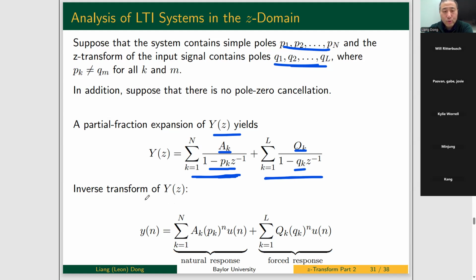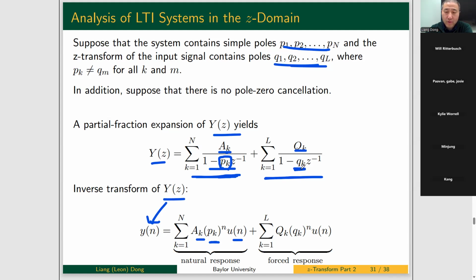And then I can do an inverse transform of Y(z). So it's easy for me to find the Z domain Y and then do an inverse Z transform to get y[n]. Here we have a pole, so that becomes a root here, and A sub k is a constant. Suppose the system is causal, so I put u[n] here.